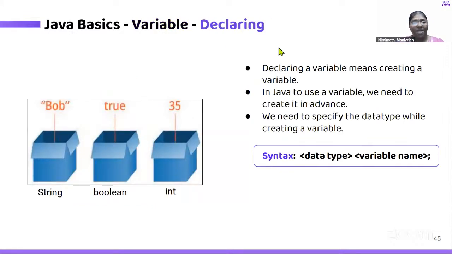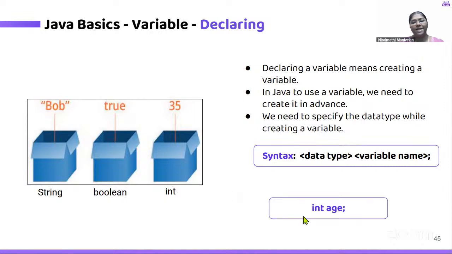Now, declaring a variable. What does declaring a variable mean? You are creating that variable. That's all. What is the syntax? Data type and variable name. For example, name equals Bob. Name is the variable name. Its data type is String. And if I store true, then boolean is the data type.